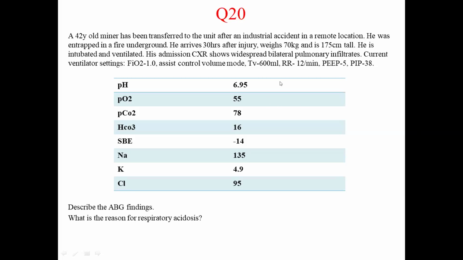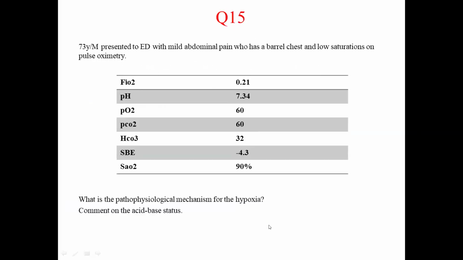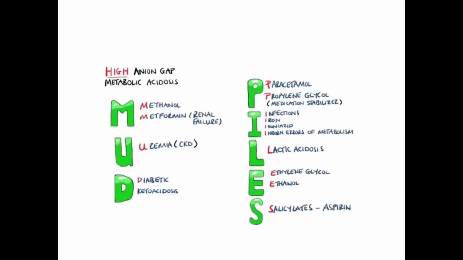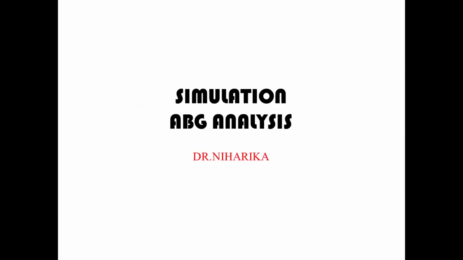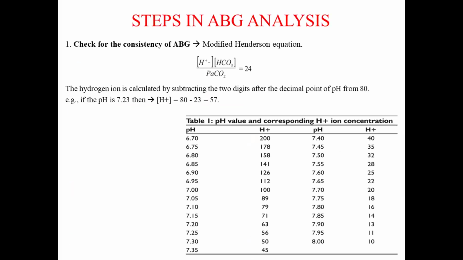Okay, you got here 6.95, no? Just wait a minute. We can actually check exactly 6.95. What will it correspond to? So your hydrogen ion will be how much? 112.